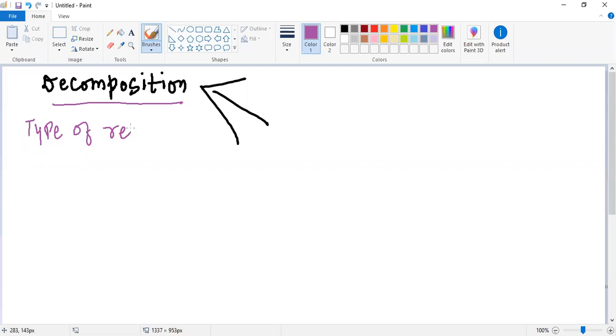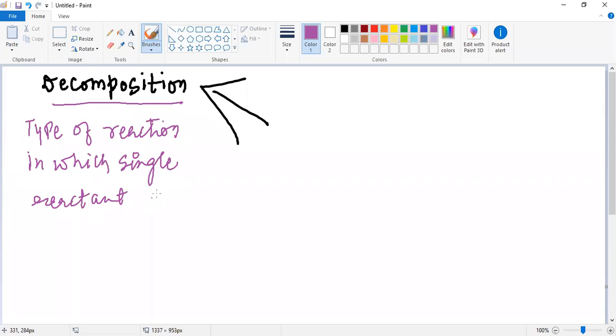A type of reaction in which a single reactant gives more than one product.